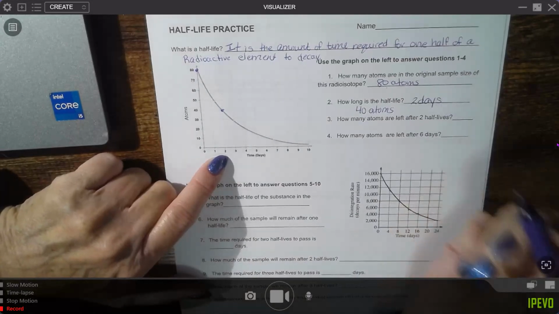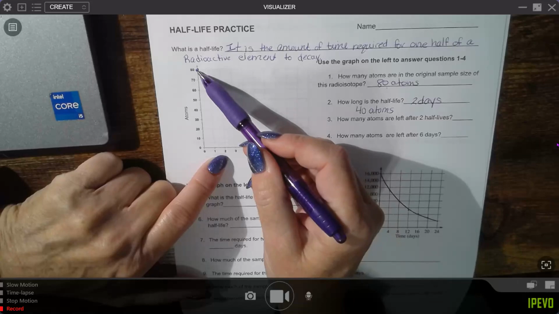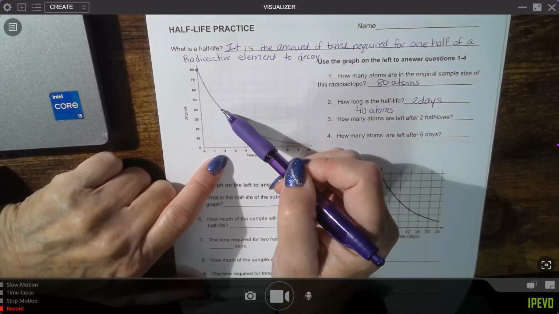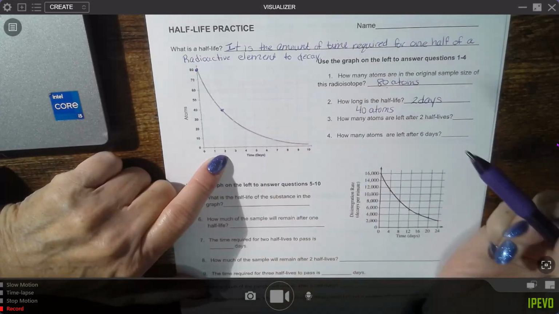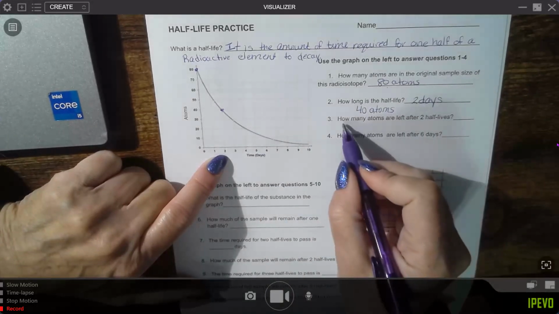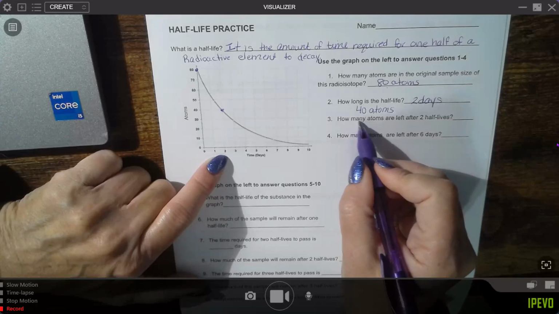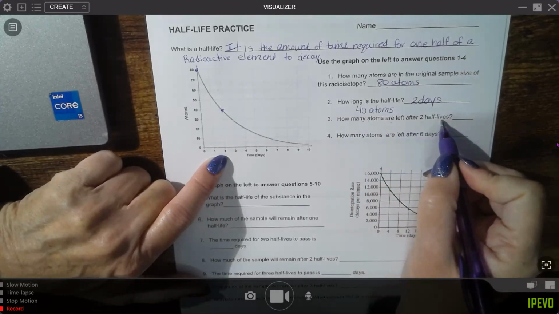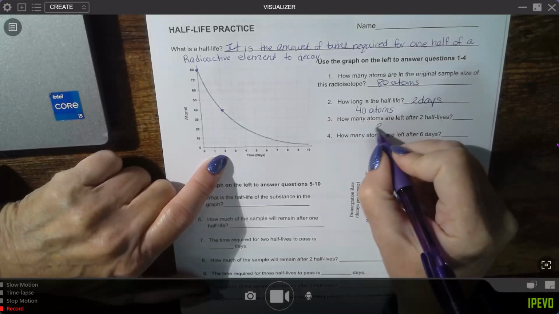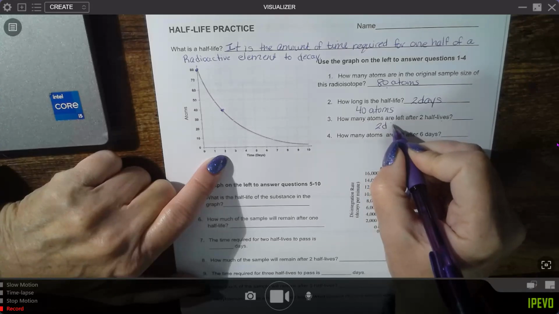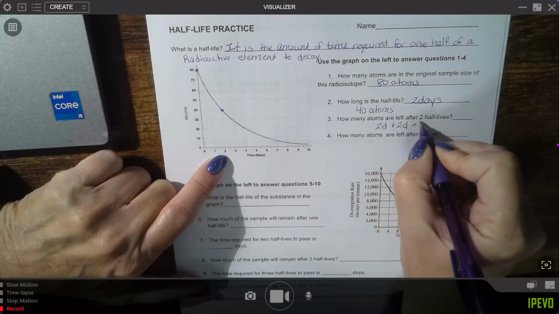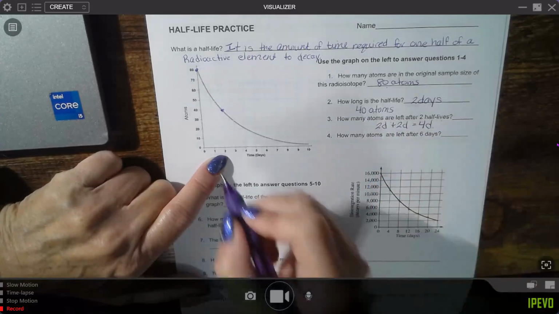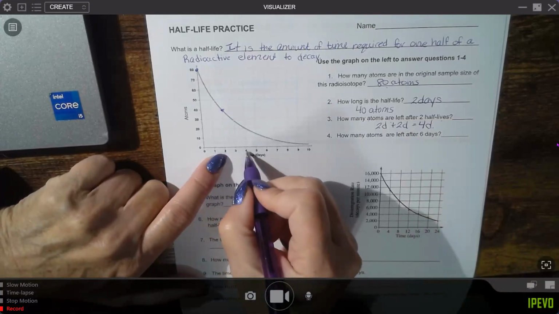Okay, so in 2 days, if I started with 80 atoms, after 2 days I would have 40 left. So this next question says how many atoms are left after 2 half-lives. So 2 half-lives would be 2 days plus 2 days, so 4 days. So 1, 2, 3, 4.